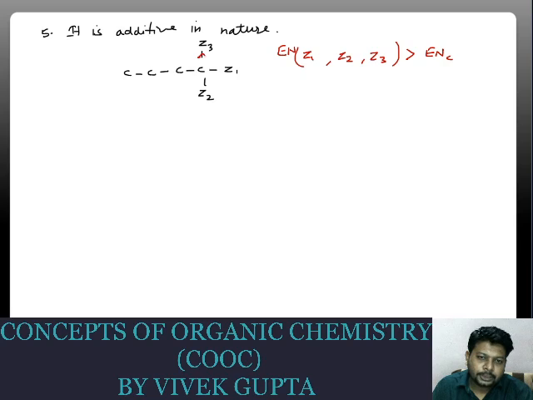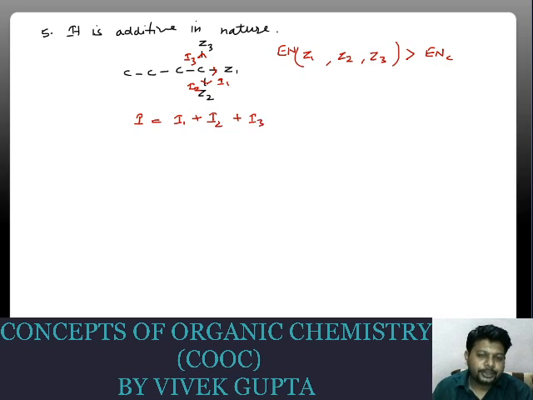So what does it mean? It will pull electron towards itself, Z1 will also pull electrons towards itself, and that same thing will happen with Z2. Suppose the effect created by Z3 is I3, by Z1 is I1 and by Z2 is I2. So the net effect will be I1 plus I2 plus I3.